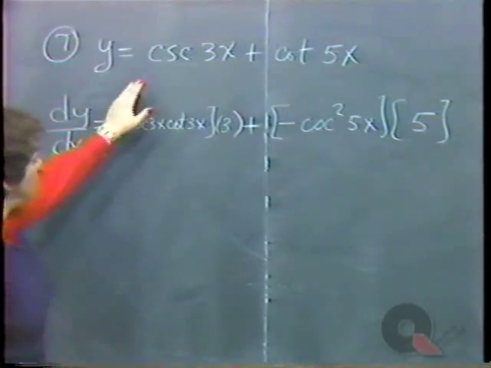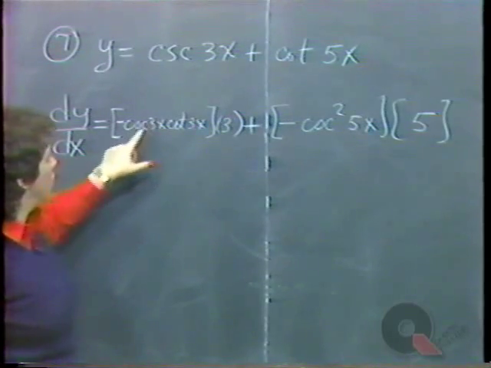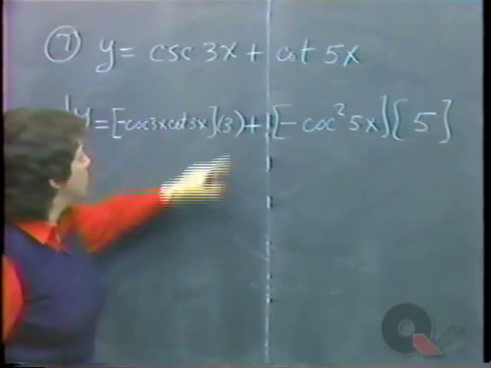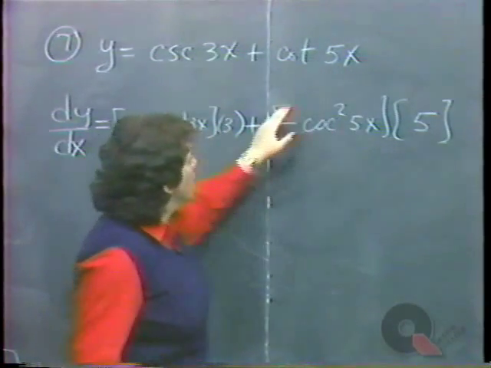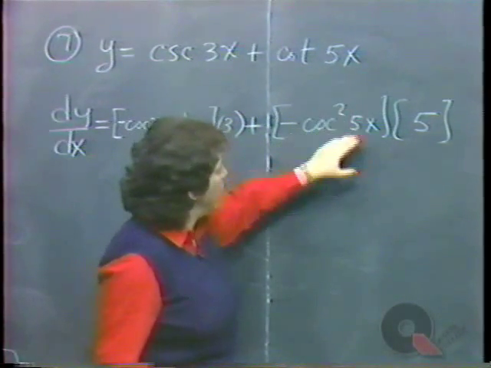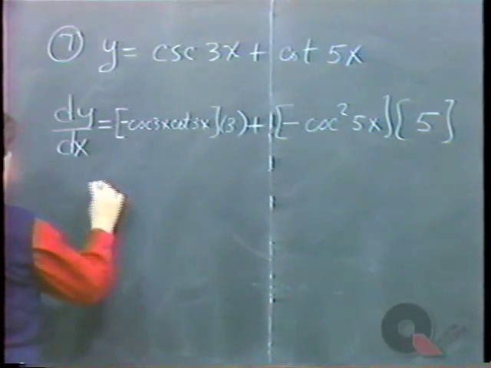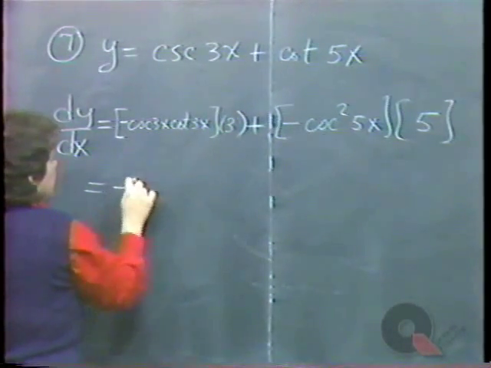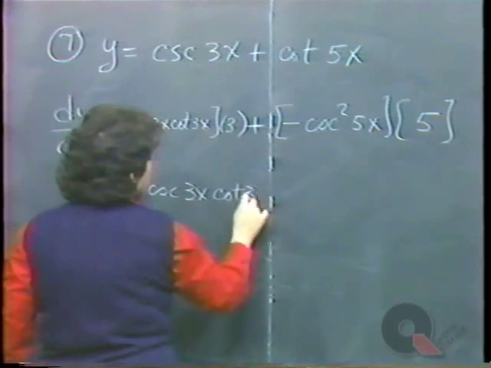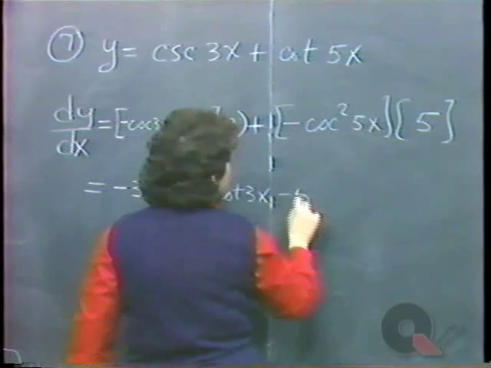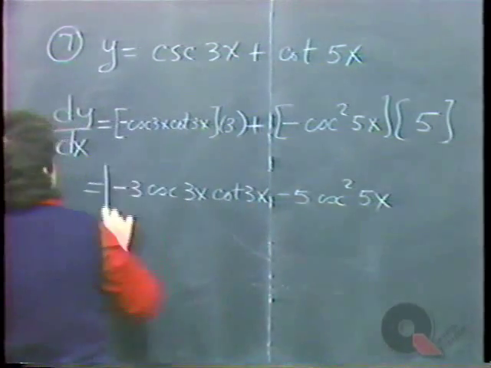So the derivative of cosecant of something is minus cosecant of that something, cotangent of the something, times the derivative of the something. The derivative of cotangent of something is minus cosecant squared of that something times the derivative of the something. And we can write our answer as minus 3 cosecant 3x cotangent 3x minus 5 cosecant squared 5x.